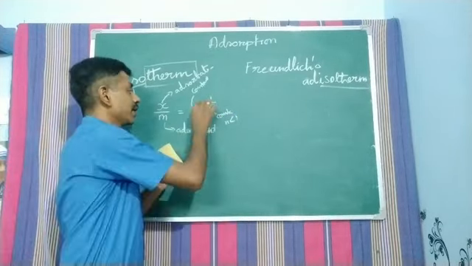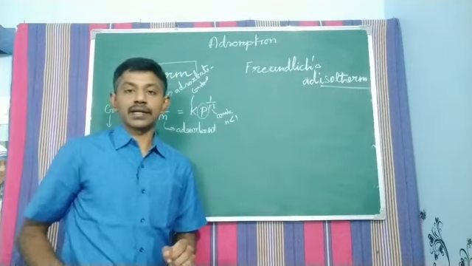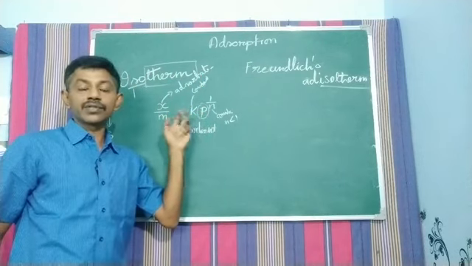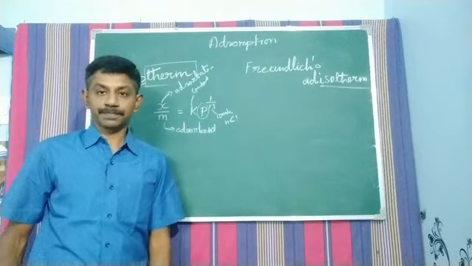P refers to the pressure. So you want to link the relationship between pressure and adsorption when temperature is maintained constant. Temperature is maintained constant, that's why it is called an isotherm. And they are discussing the influence of pressure over the behavior of adsorption.